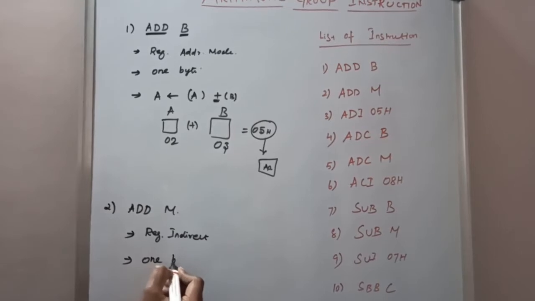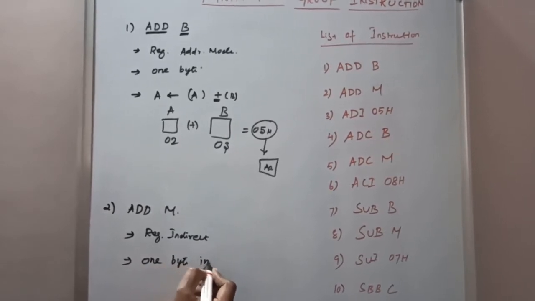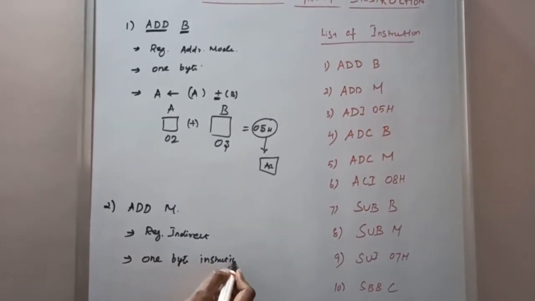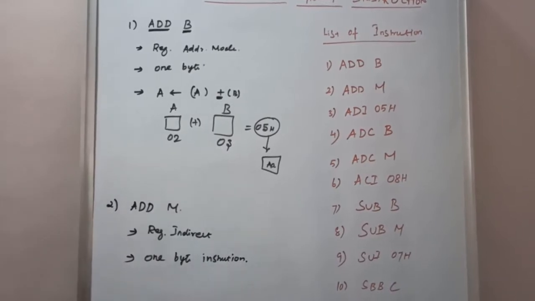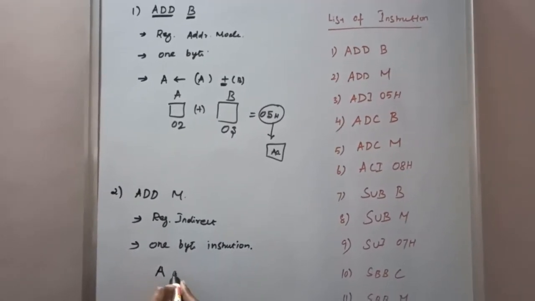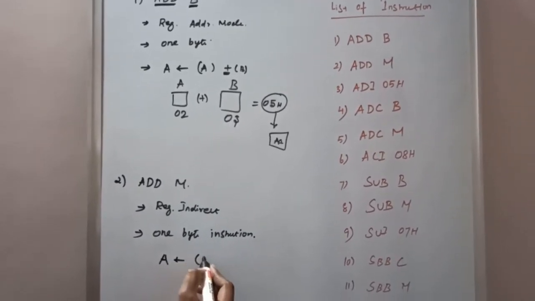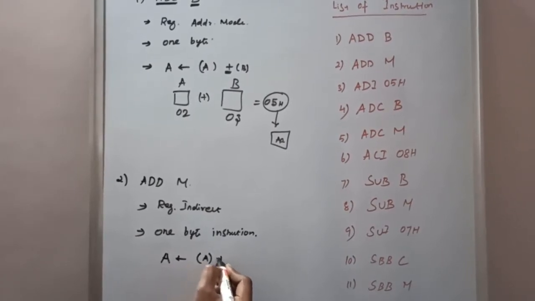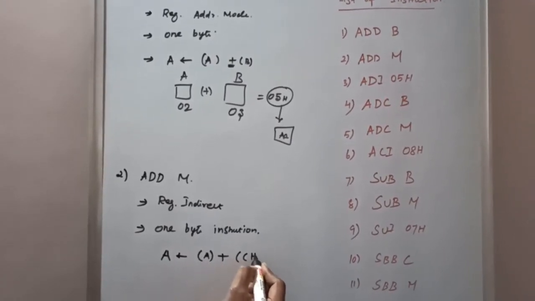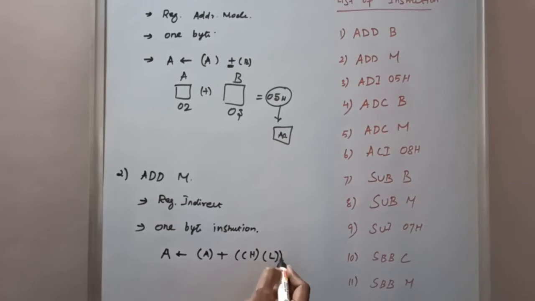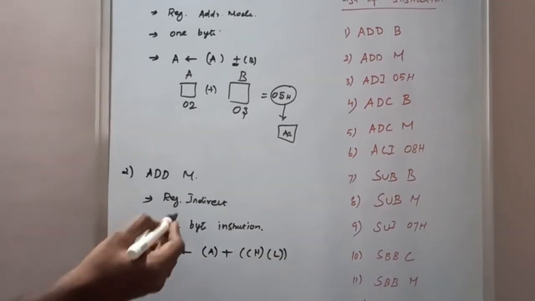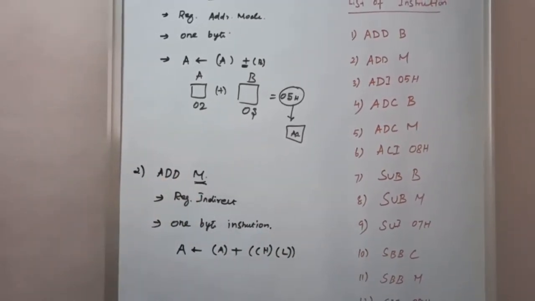It is also a 1 byte instruction. The equation format is A gets A plus M, where M represents the HL pair register.